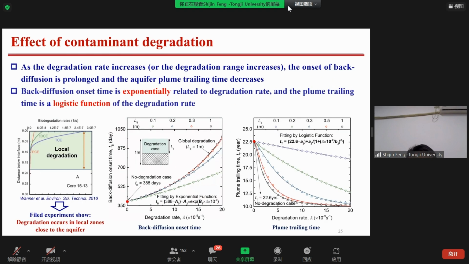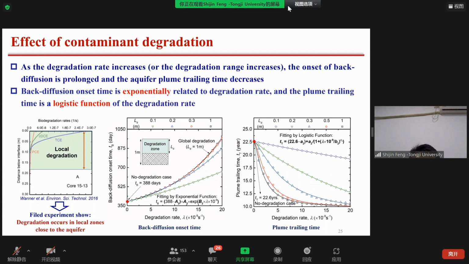Contaminant degradation is an important process. The experiment shows the degradation normally occurs in local zones close to the aquifer. Our results show that as the degradation rate increases, the onset of back diffusion is prolonged and the aquifer plume trailing time decreases.